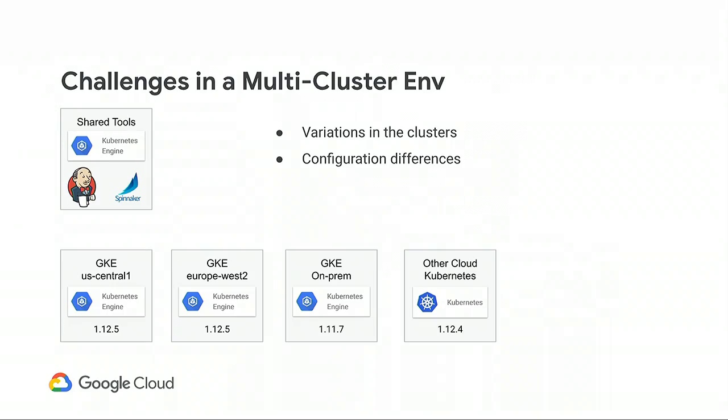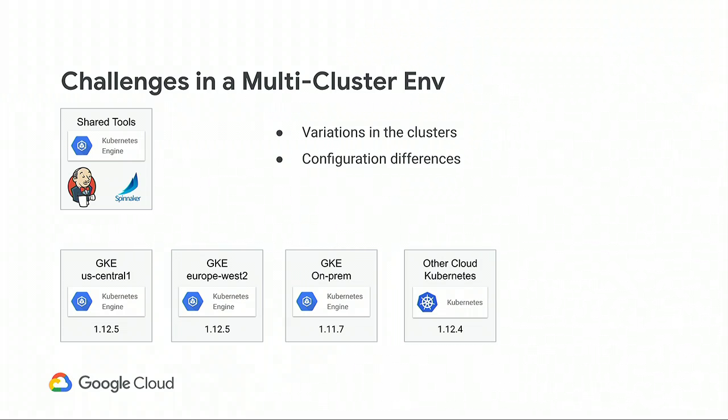Okay, now let's think about this from a multi-cluster perspective. Because Kubernetes is a cross-platform tool, you can be running GKE clusters, you can be running GKE on-prem, and you could be running Kubernetes in some other cloud. And that introduces several complications to the scenario here.